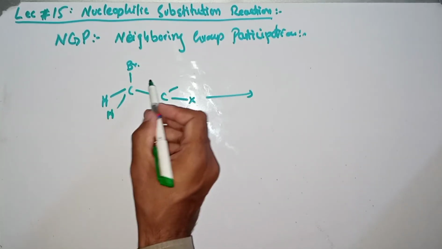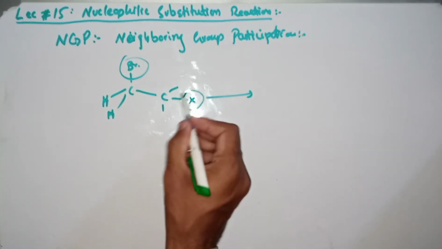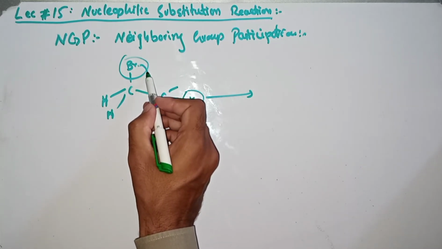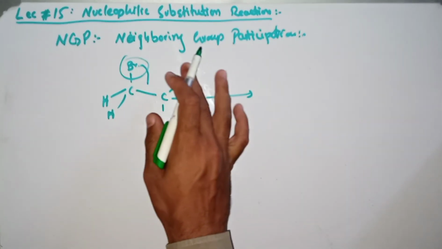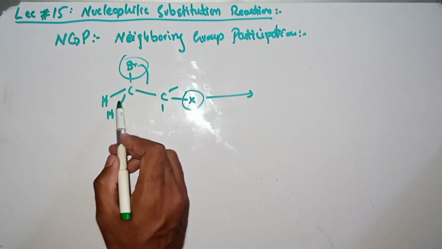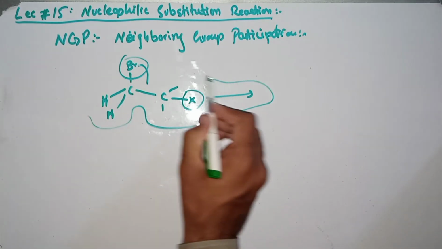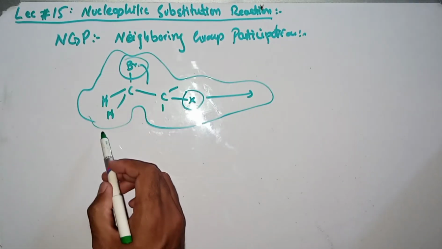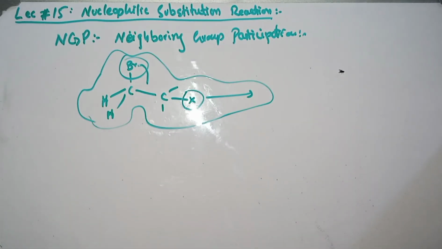Due to this step, this is the neighbor group to this leaving group. So that's why this group will be called the participation, the effect of this neighbor group on the leaving group. Today we will be studying these effects. I hope you have understood my points.